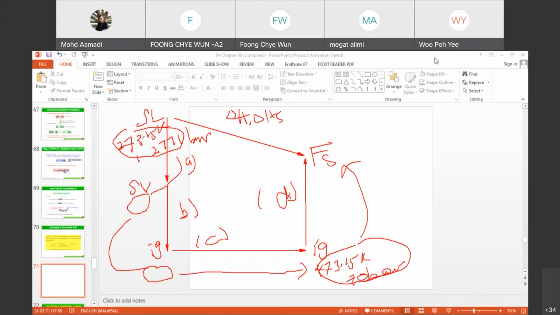Zulharni? What equation can you use here for change in the phase?